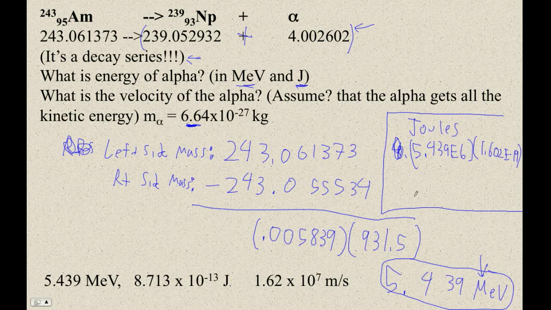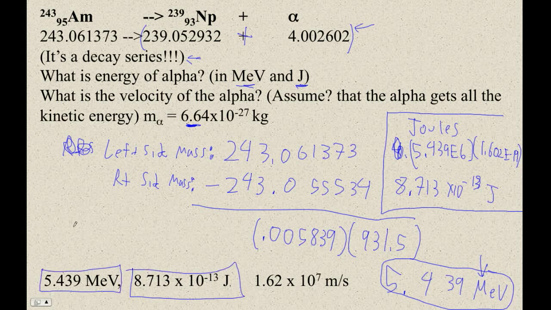So multiply by 1.602 E minus 19, and I get that it's 8.713 times 10 to the minus 13th joules, right? So I get this answer here, right? There it is in MeV, right?